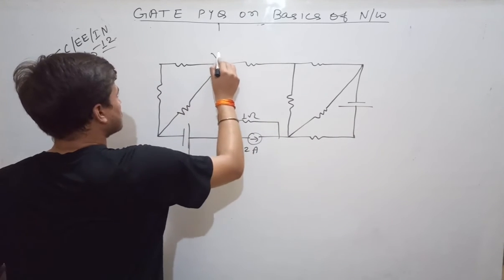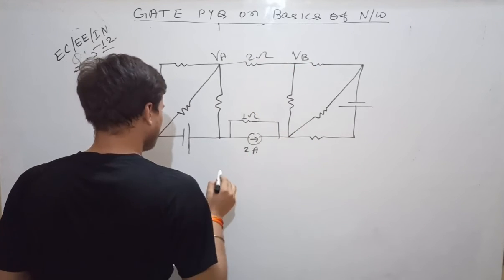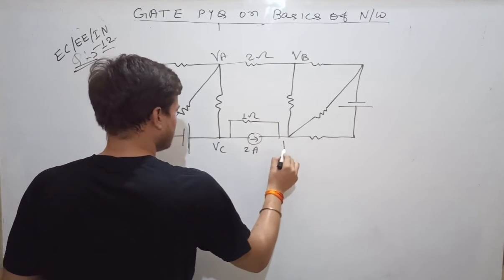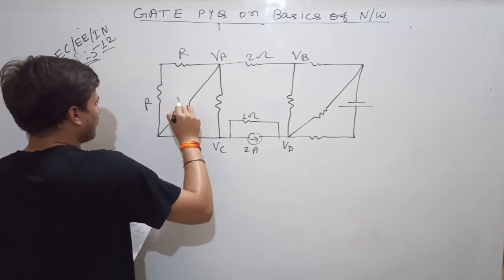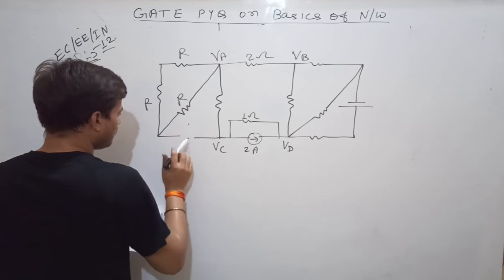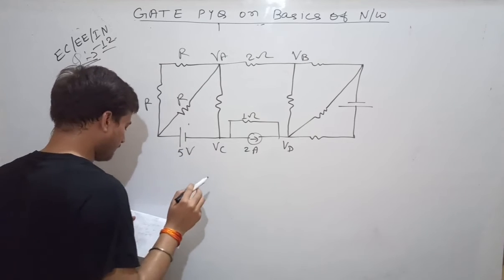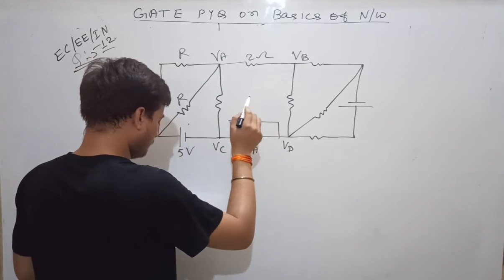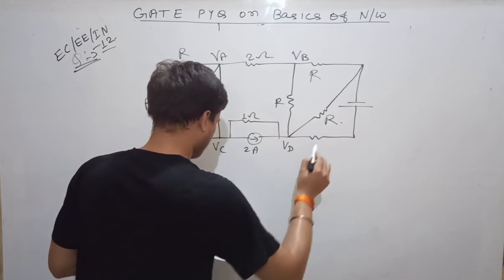This is VA, this is VB, this is 2 ohm, this is VC, this is VD, R, here it is 5 volt, here it is 2 ohm, R. Now what they have given?